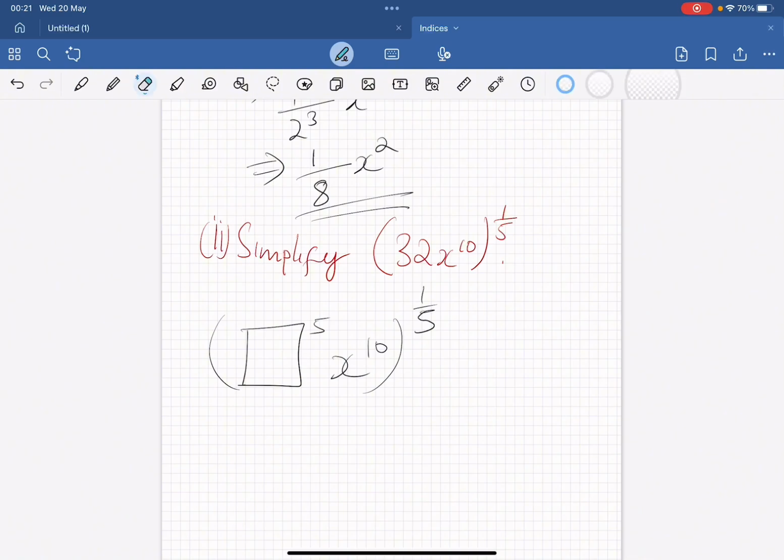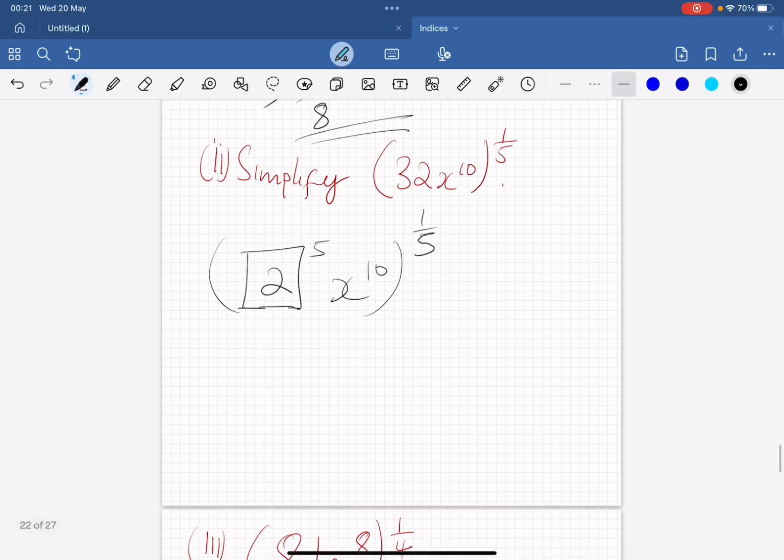Now 32, just like you have seen in previous videos, is the same as 2^5. So this means that we now have (2^5 x^10)^(1/5) outside, which means that our next job is to distribute.